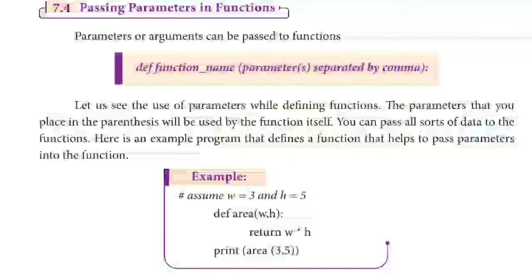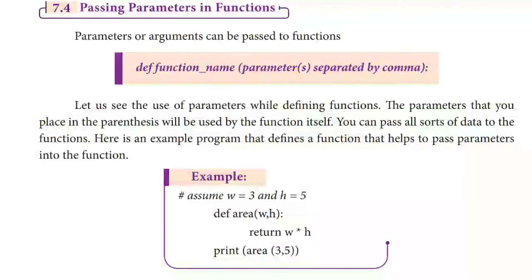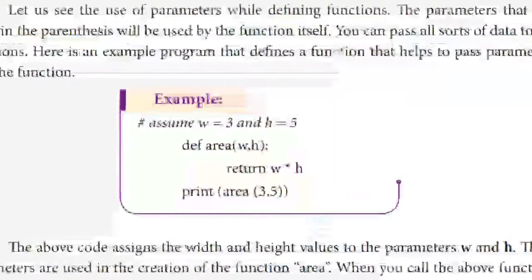The parameters that are placed in the parentheses will be used by the function itself. You can pass all sorts of data to the function. Here is an example program that defines a function that helps to pass parameters into the function. So here is the example.